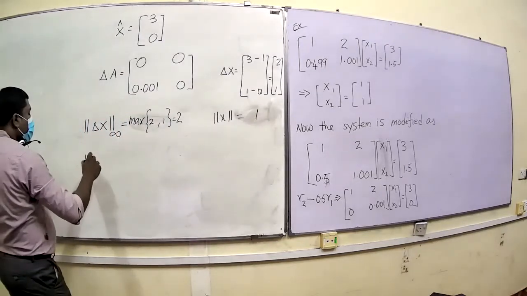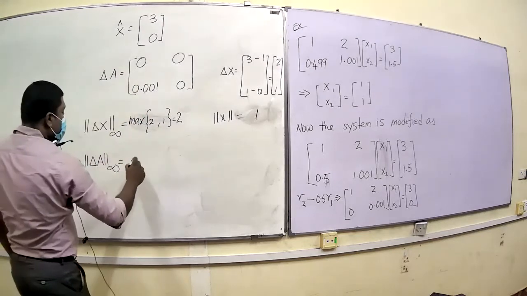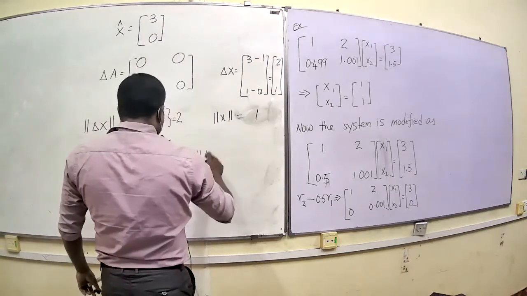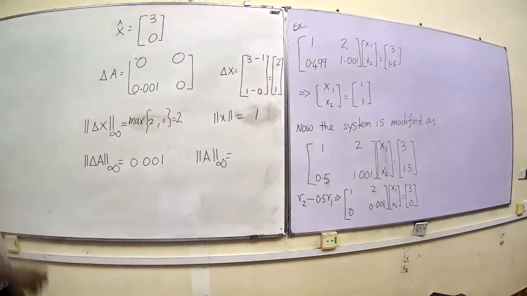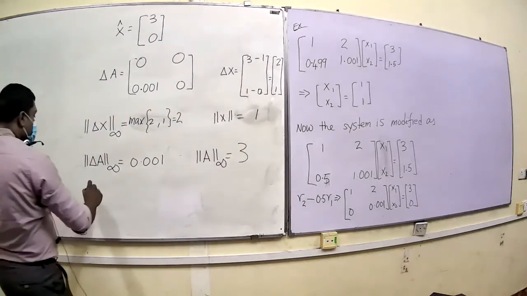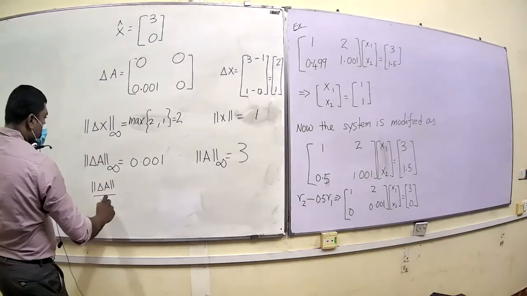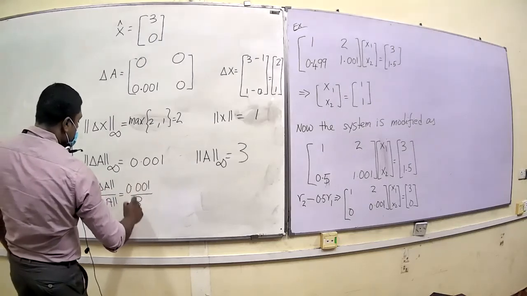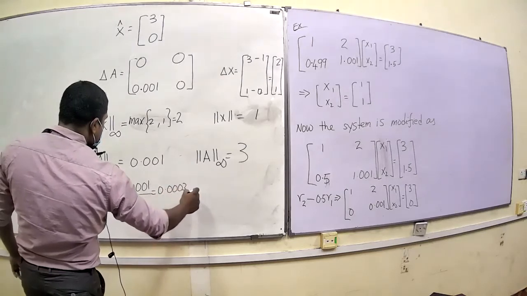Infinity norm of delta A, that is the maximum row sum, so that is 0.001. Infinity norm of A is the maximum row sum, that is 3. So now you look at the relative error. Norm of delta A over norm of A is 0.001 by 3, so that is about 0.0003.